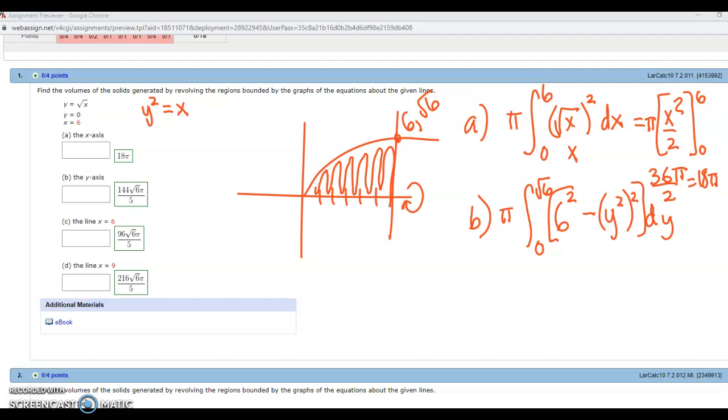So I have 36 minus y to the fourth. That's 36y. And then the integral of y to the fourth is y to the fifth over 5. And then from 0 to 36. My number's 9.